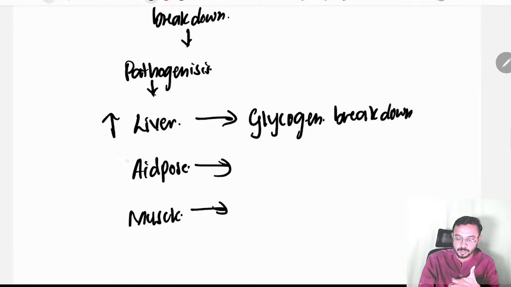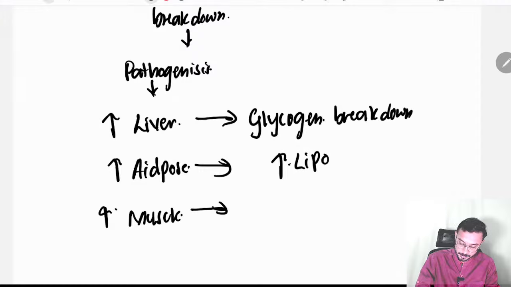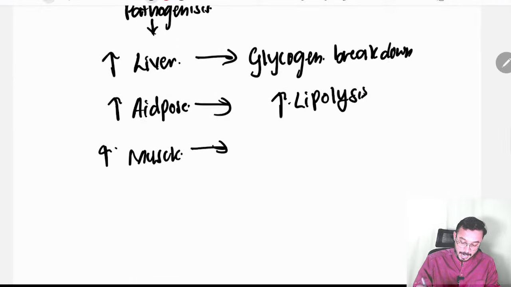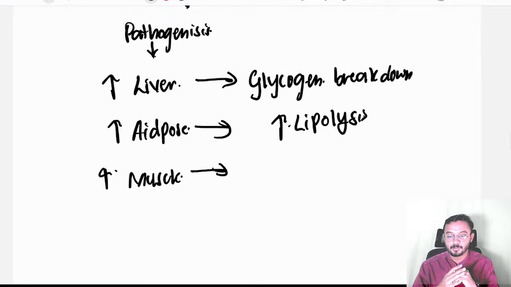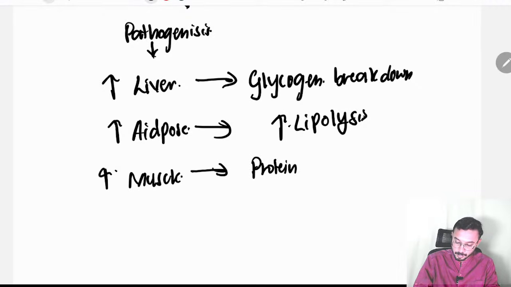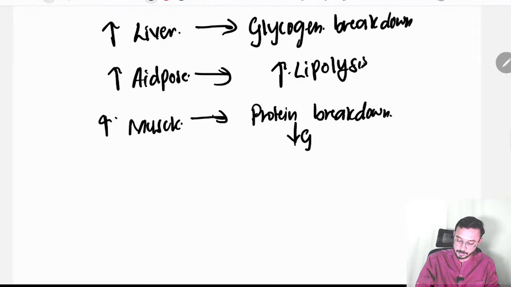These are the stores. The stores will get overactivated, so glycogen breakdown will happen. Whenever there is increased catabolism in adipose tissue, there will be increased lipolysis. Fats will get broken down. And whenever there is increased catabolism, the proteins will get broken down. Protein breakdown, we all know, ends up giving glucose, right?